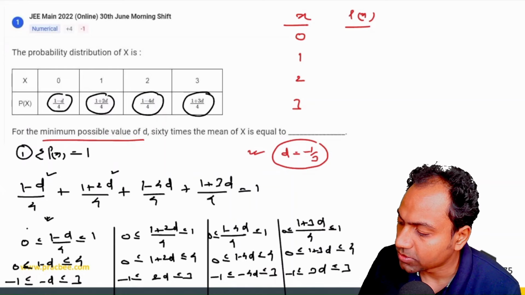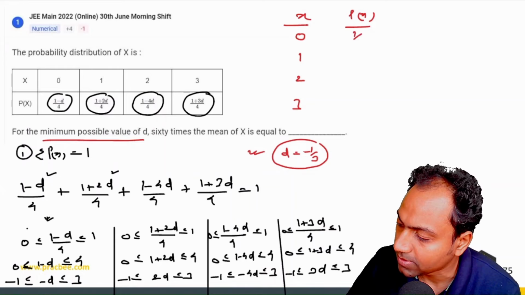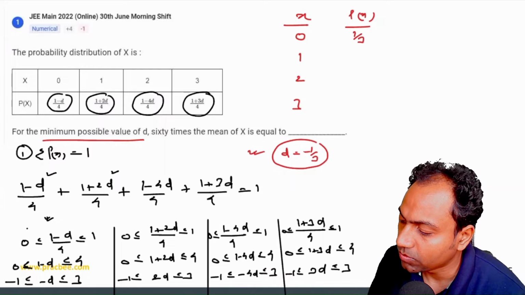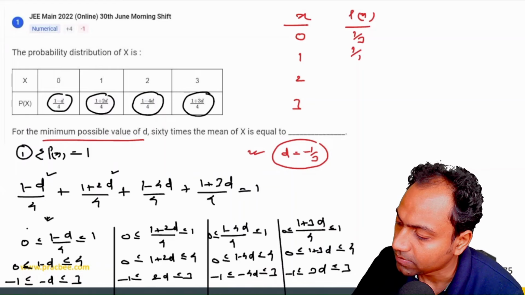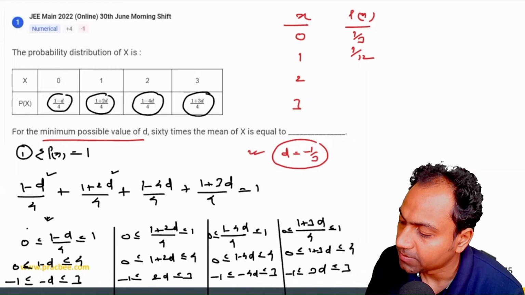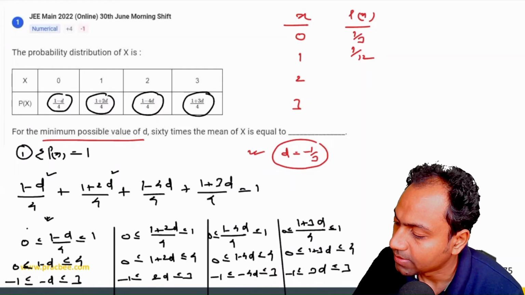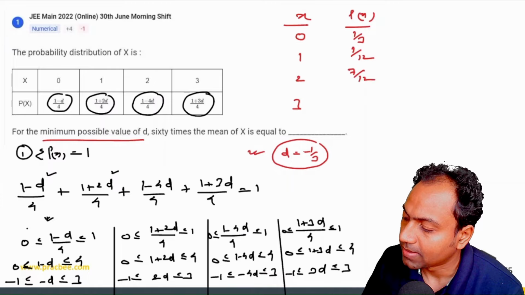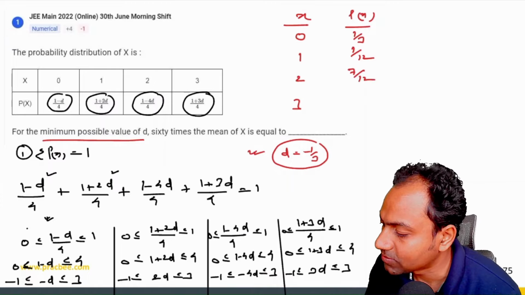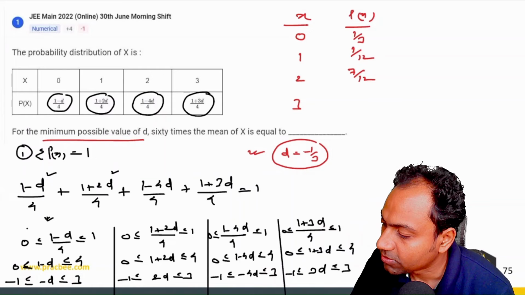Corresponding to 0, it becomes 1 + 1/3 = 4/3, and 4/3 divided by 4 is 1/3. In the second part, 1 - 2/3 becomes 1/3, so this becomes 1/12. Next part is 1 + 4/3, that is 7/3, or 7/12. And the last part, if I put -1/3, becomes 0.